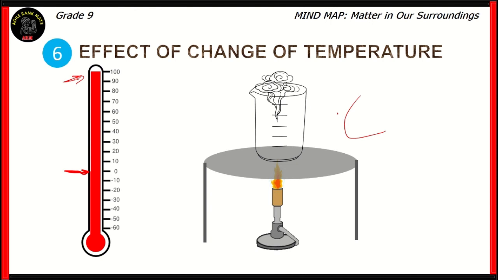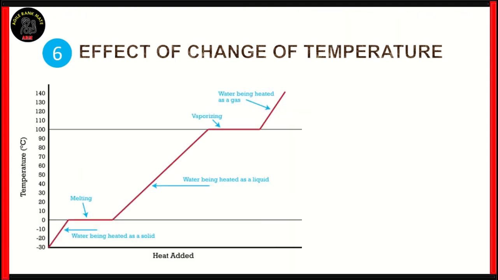So we saw that when the solid converts to liquid and the liquid converts to gas, the temperature did not increase for a certain amount of time. So what is happening? This is the phenomenon we just discussed: the ice being heated, and when it reaches 0 degrees it melts, and when it's heated even more and reaches 100 degrees Celsius it vaporizes, and even if heat is given, the temperature is not increasing.